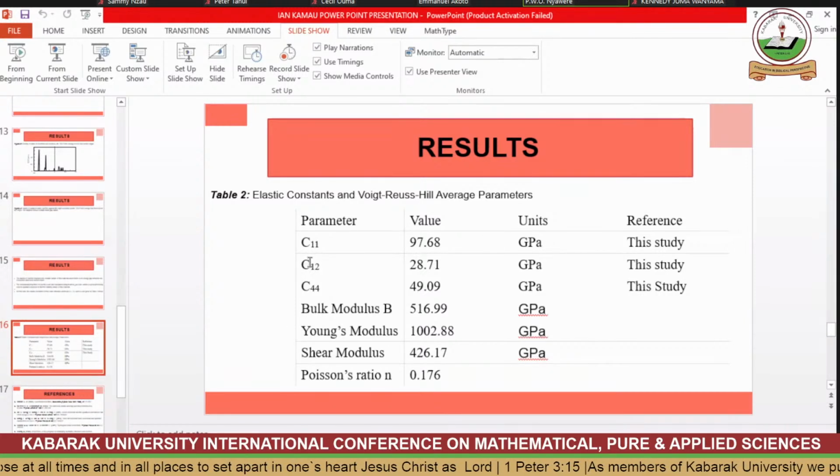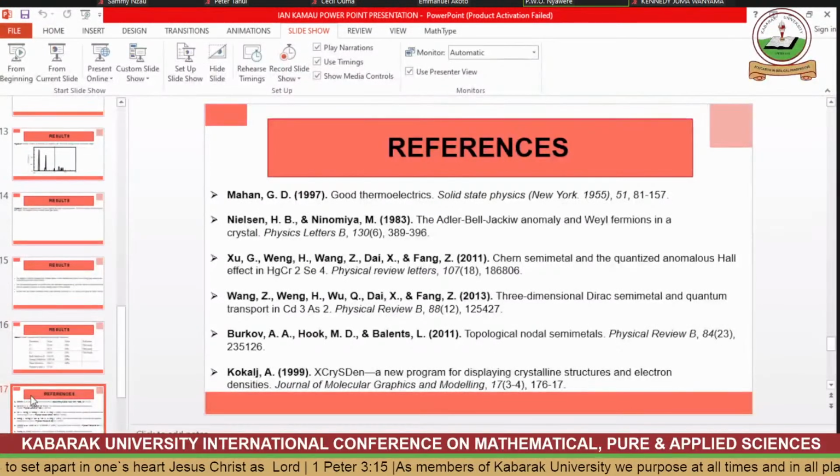And for C12, we got 28.71 from this study. And C44, we got that to be 49.07 GPa from this study. So those are the results that we got, and those are the references.